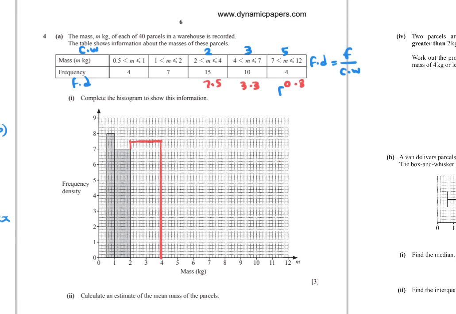Each square represents 2, so 3.3 is one square and a half. From 4 to 7. Next one, 0.8 from 7 to 12.